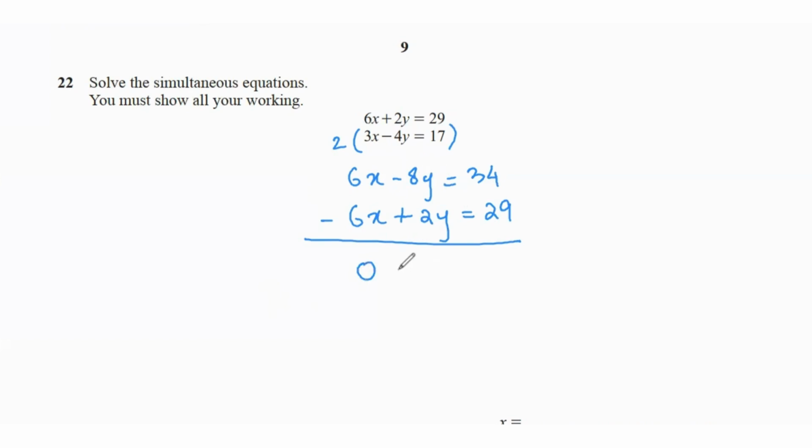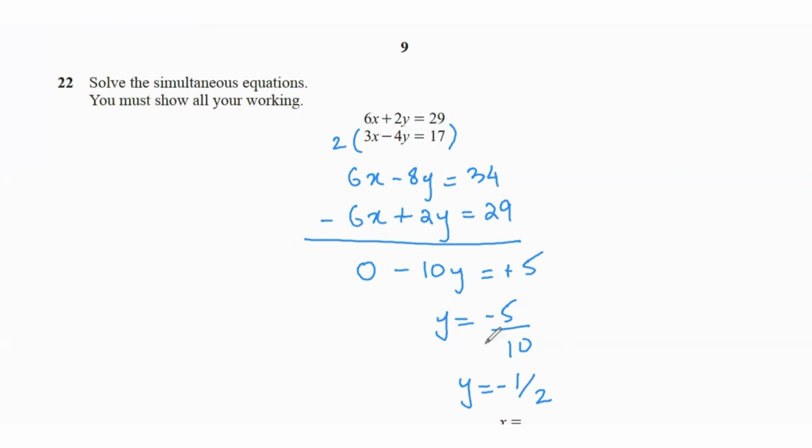Negative 8y minus 2y is negative 10y. 34 minus 29 is equal to 5. So now y is 5 divided by negative 10, and that is going to be negative 1 over 2. That is y.